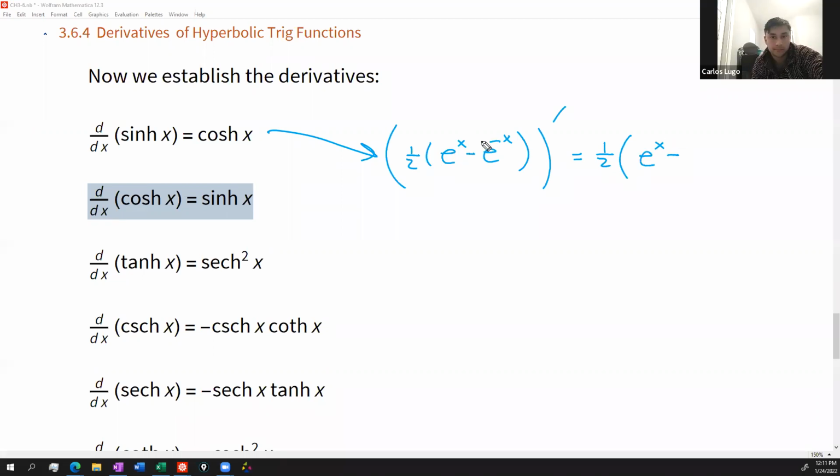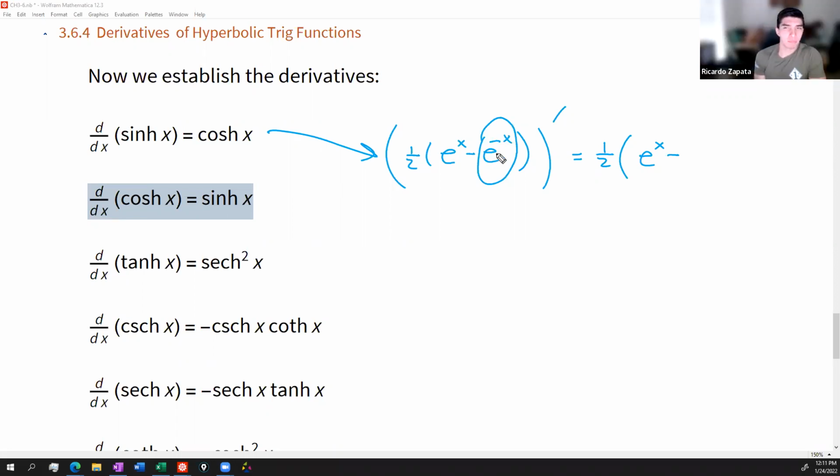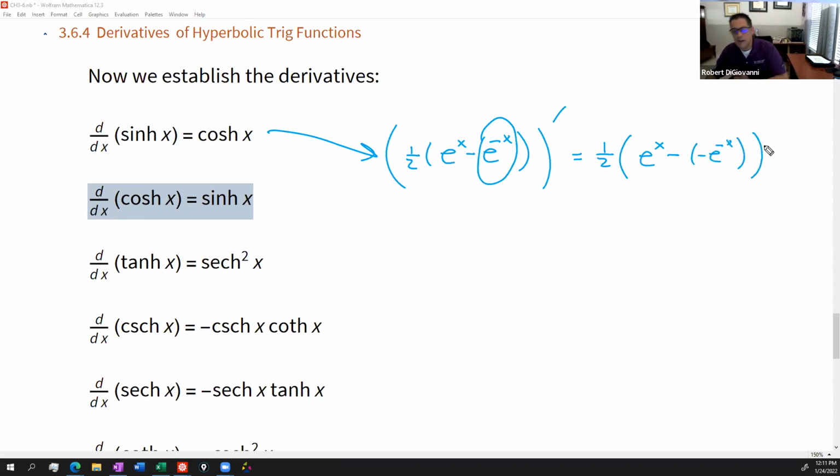Minus, now very carefully, what's the derivative of e to the negative x? Chain rule. Negative e to the negative x. So I would put negative e to the negative x, wouldn't I? That would be the derivative there. Because you have to take the derivative of e to the negative x, which is itself, times the derivative of what's up here, which is -1. And that's where you get this negative e to the negative x.